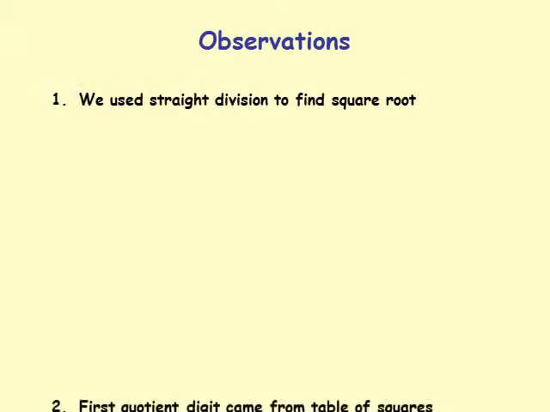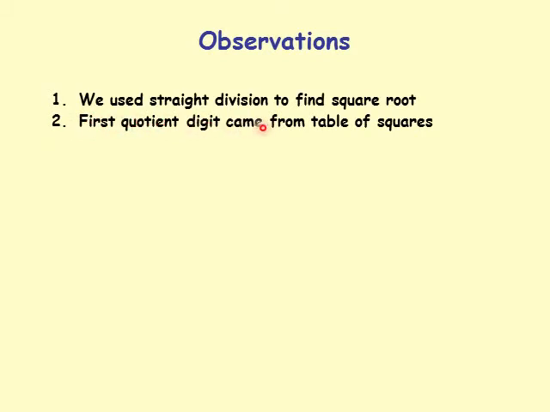Continuing with observations. What the observations from the previous section are: we use straight division to find square roots. The straight division is what we call vertically and crosswise division. The first quotient digit came from the table of squares. So we use the first principle for the first digit of the square root.